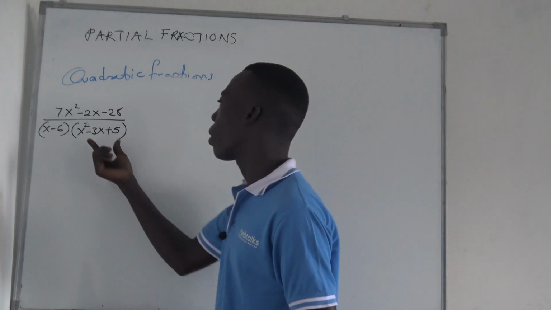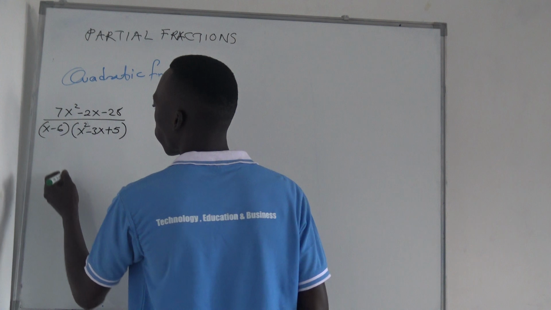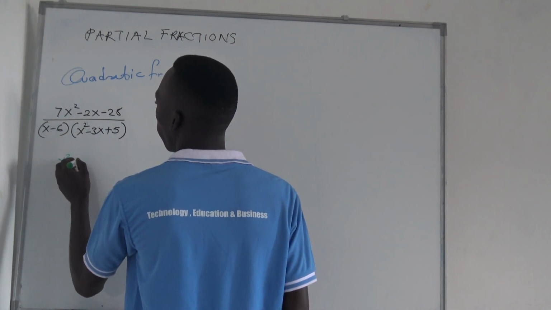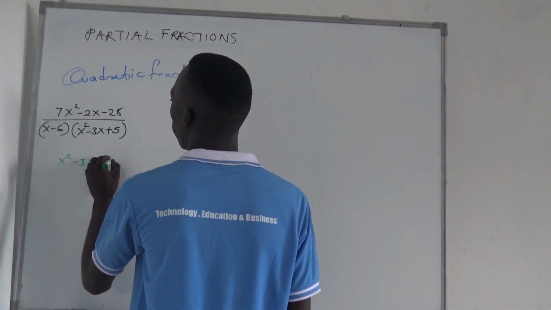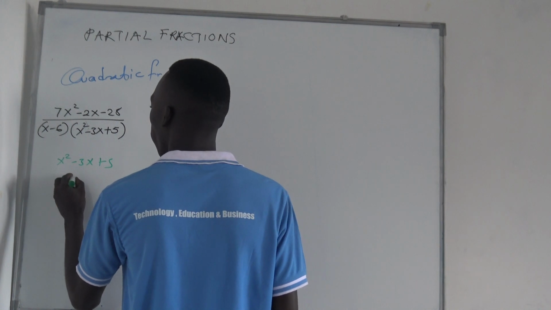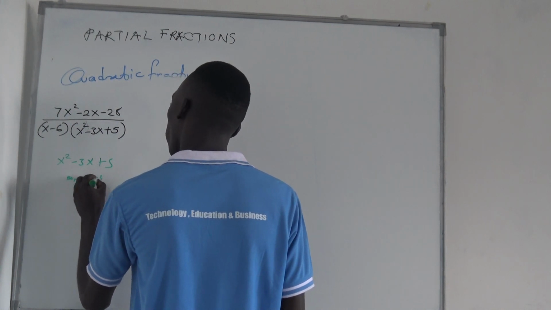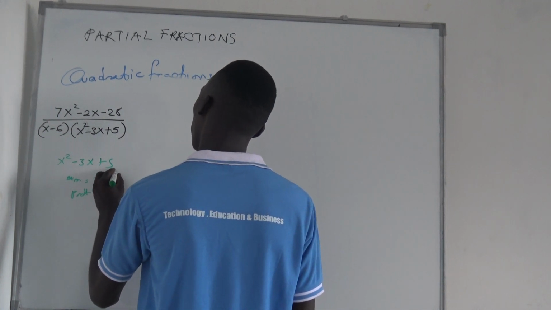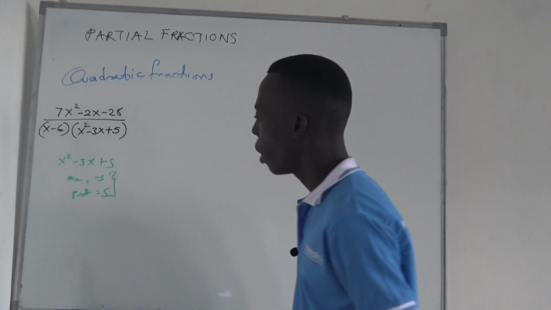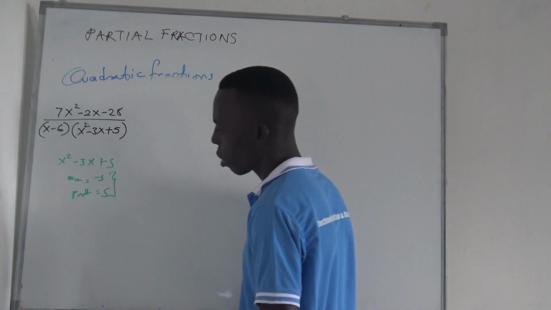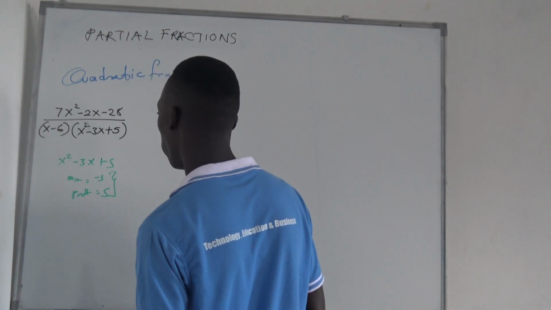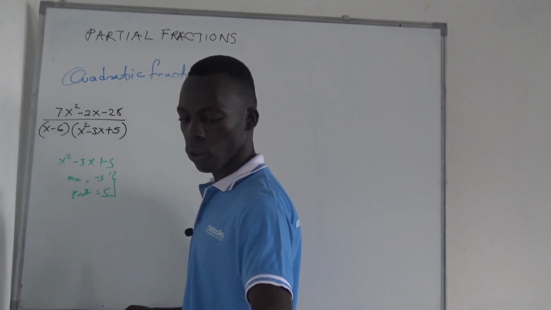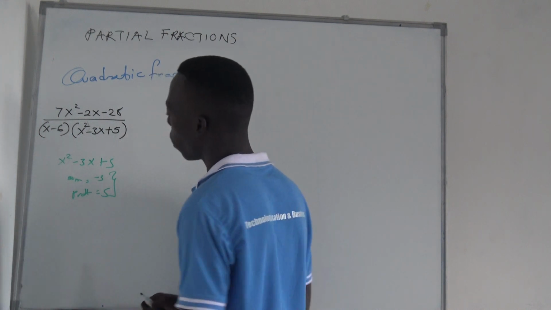So for this case, we have x squared minus 3x plus 5. The sum is negative 3, the product is 5. So the two numbers, when you add, get that, and when you multiply, get that. I see they are not there.